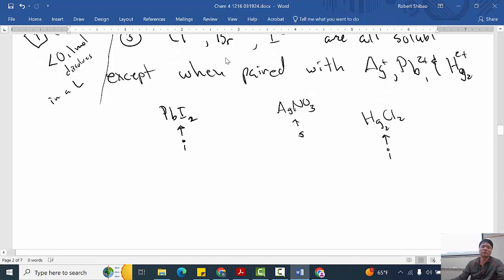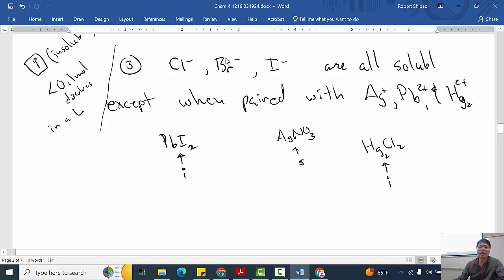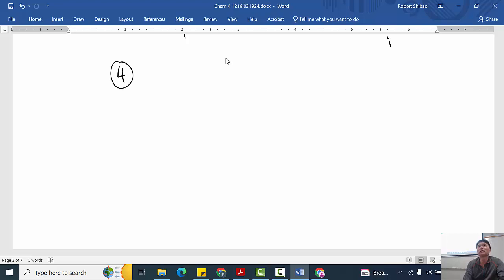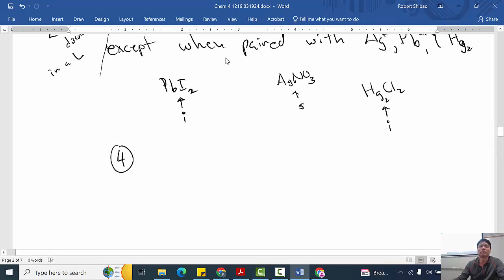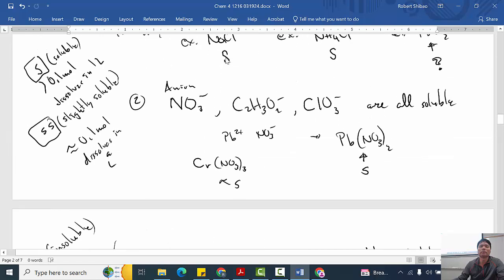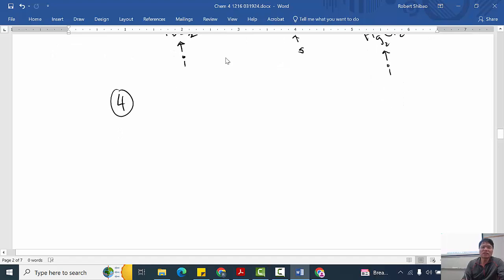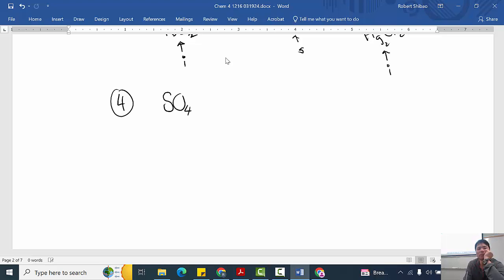Well, what if it's not one of these ions, chloride, bromide, and iodide? Then we look at the next one. Next one will be sulfates. What was the formula for sulfate? SO4 2 minus.